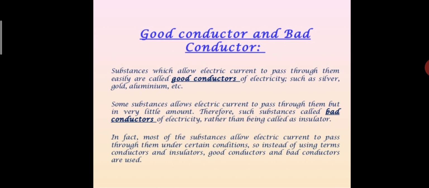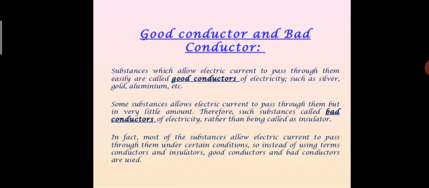Okay, now good conductors and bad conductors. Substances which allow electric current to pass through them are good conductors of electricity, such as silver, gold, aluminium, etc. Some substances also allow electric current to pass through them, but in a very small amount, so we say that it is a bad conductor of electricity.